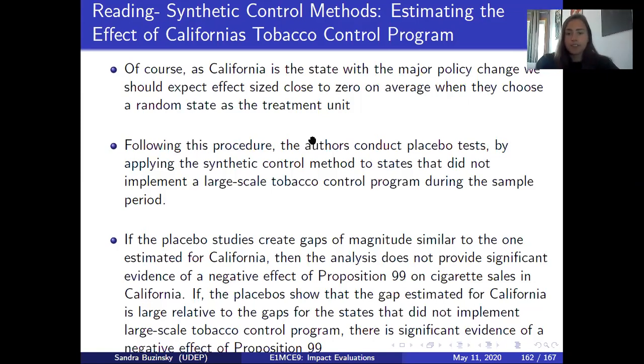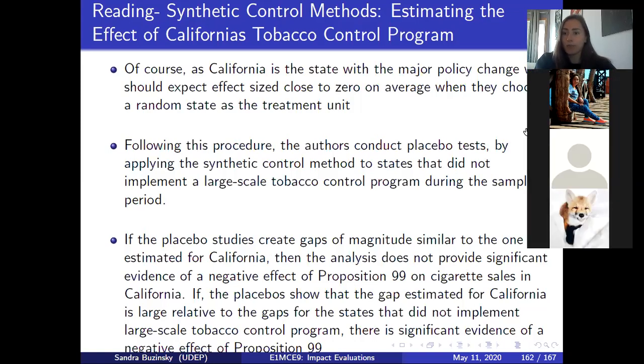Following this procedure, they conduct their placebo test. As I said, they choose states that didn't get the tobacco program implemented. If the placebo studies create gaps of magnitude similar to the one estimated for California, then they really can't say for sure that the effect they found for Proposition 99 is causal, because it could have just been luck.